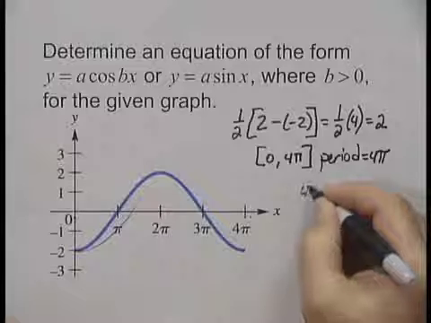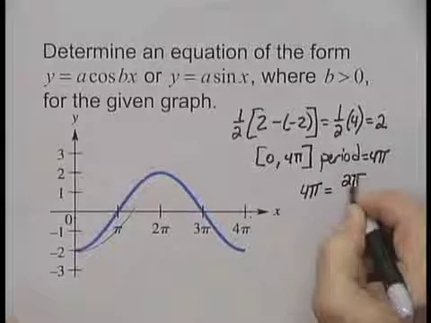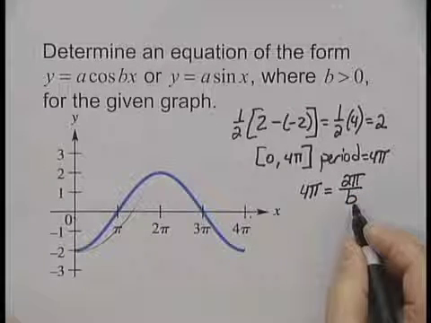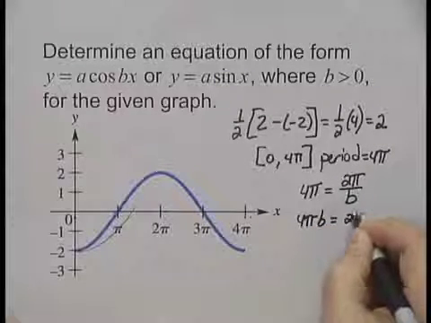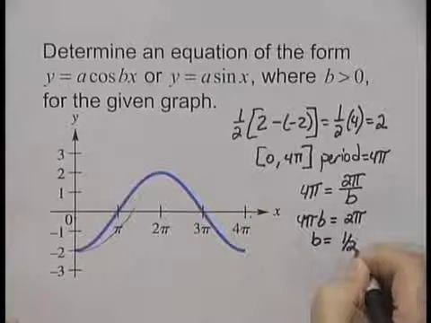We'll take 4 pi and set that equal to 2 pi divided by b, and then solve this for b. So 4 pi b equals 2 pi, and that gives us b equals 1/2.